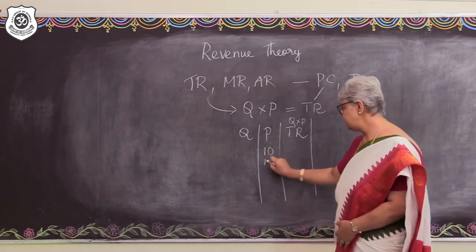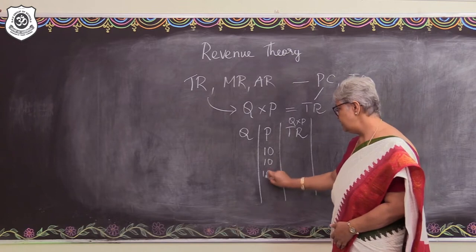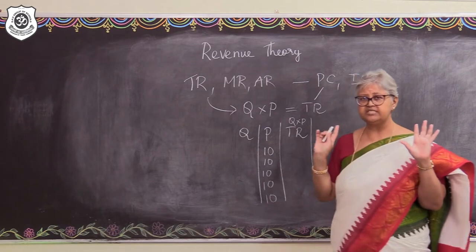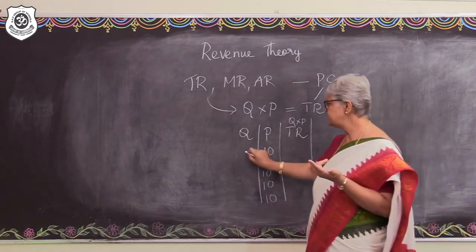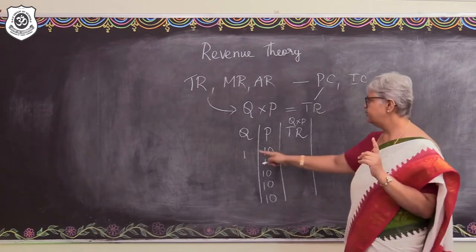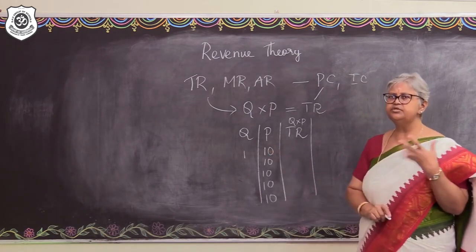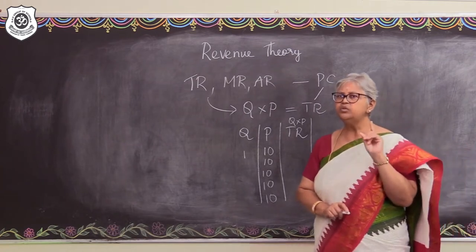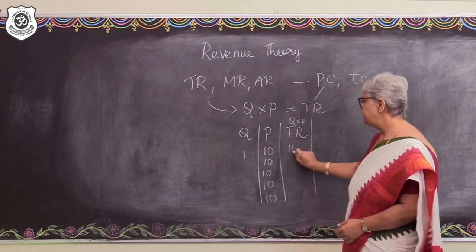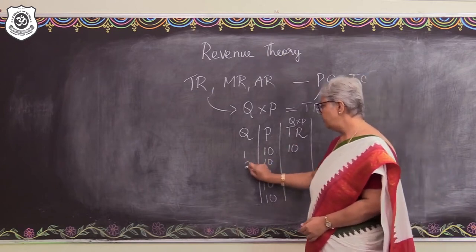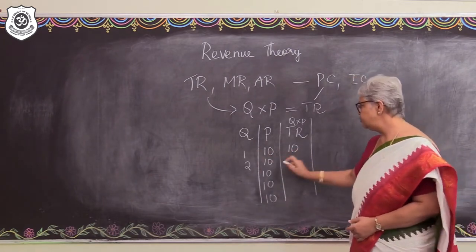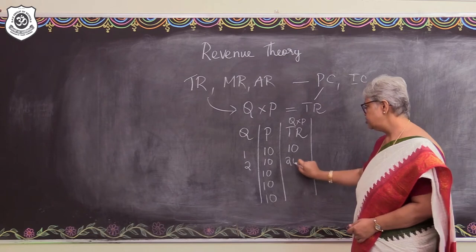So, let's say the price is going to remain constant at all the levels of output. Even as the first unit of output is going to be sold, the total revenue generated due to sale of that one particular unit will be Q into P, and that would be 10. And then one more unit of output is going to be sold in the market at the same price. The total revenue will be 2 into 10, and that would be 20.